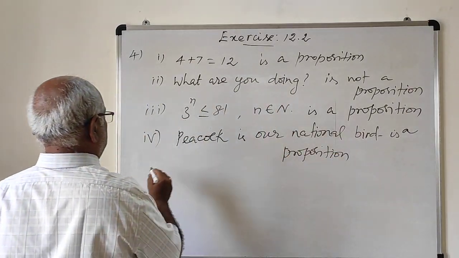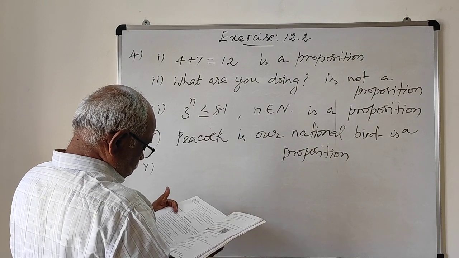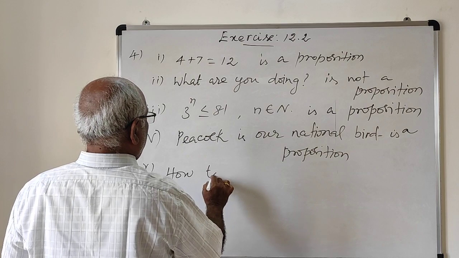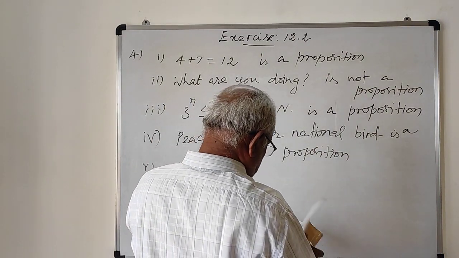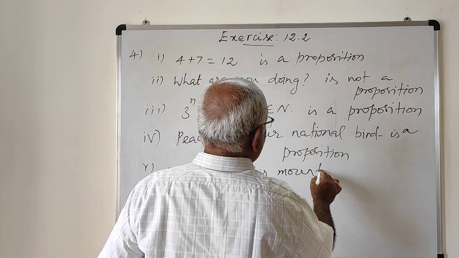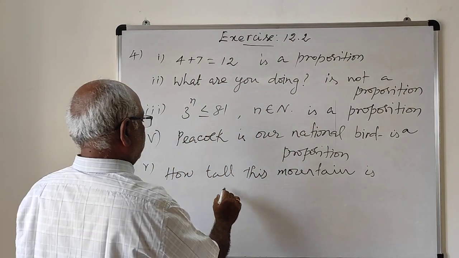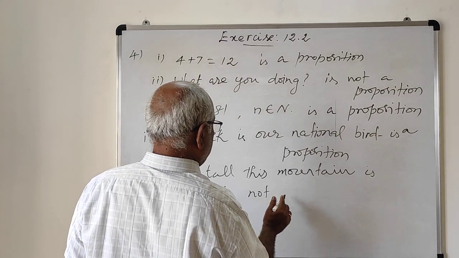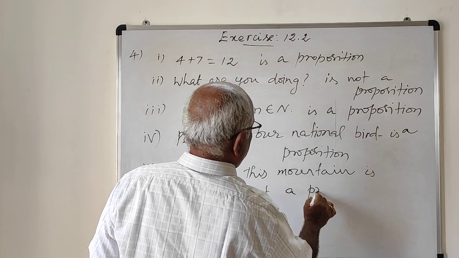Fifth one. How tall this mountain is? It is an exclamatory sentence, therefore it is not a proposition.